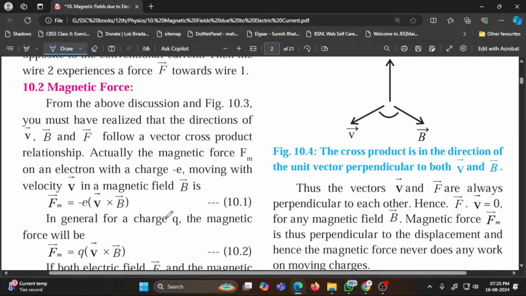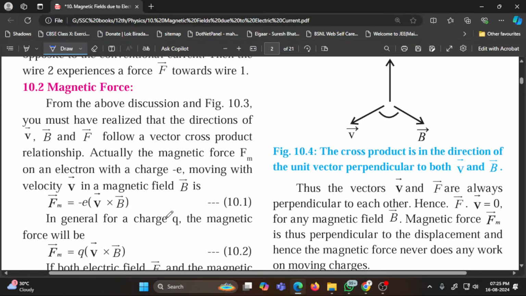From the above discussion, you must have realized that the directions of V bar, B bar and F bar, they follow a vector cross product.